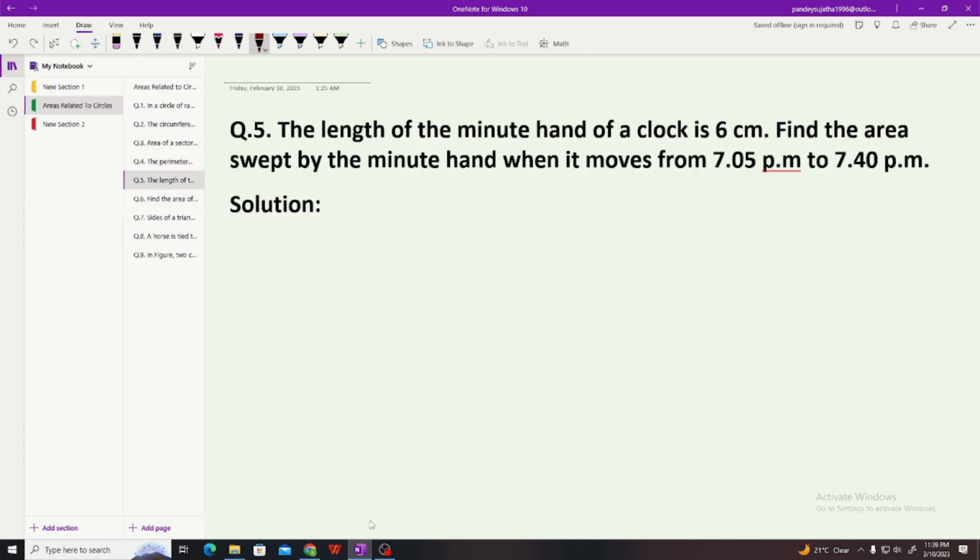The fifth question is, the length of the minute hand of a clock is 6 centimeter. Find the area swept by minute hand when it moves from 7:05 p.m. to 7:40 p.m. As in this question, it is being asked, find the area swept by the minute hand. That means we need to find the area of sector here. The length of the minute hand is given, that is 6 centimeter. So length of the minute hand is radius of the sector.